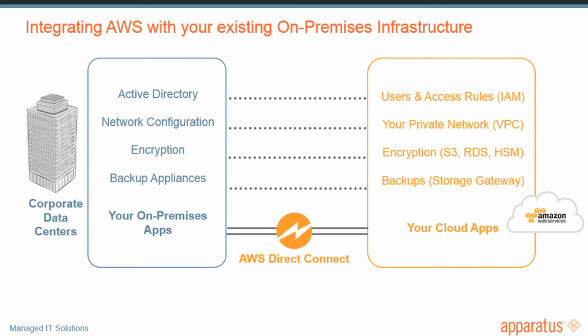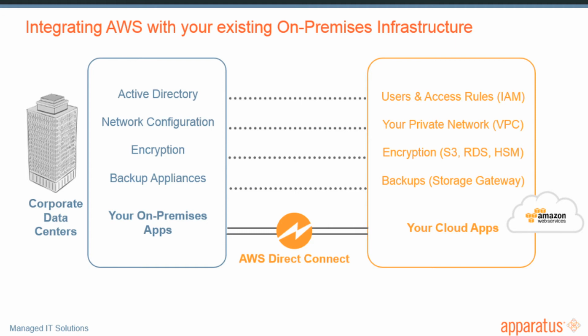On the right-hand side of the slide are some of the Amazon features. On the left-hand side are things that you're used to in your own network, and how some of these map. So IAM, which is the way you control your users and permissions inside of an AWS account. This is pretty cool because it can actually be integrated with your Active Directory or various single sign-on providers, so that you can log in to your Amazon account using credentials that you already have and control access to the resources based on those credentials.